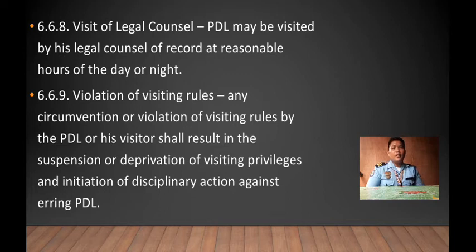A PDL may be visited by his legal counsel of record at reasonable hours of the day or night. Then we have violation of visiting rules, which means any circumvention or violation of visiting rules by the PDL or his visitor shall result in the suspension or deprivation of visiting privileges and initiation of disciplinary action against the erring PDL.